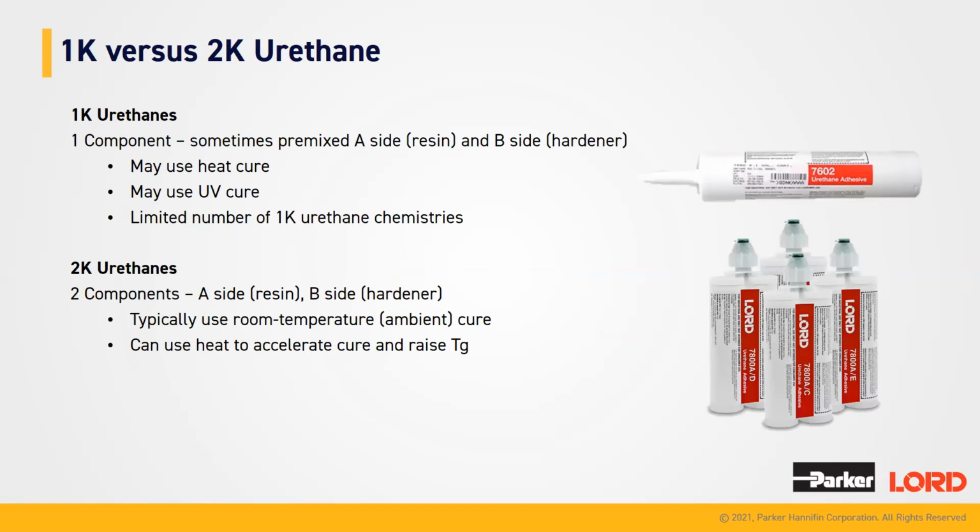However, our 1K urethane chemistries are limited. Our 1K adhesives can be cured with heat or UV lighting. Our two components include a resin on the A side and a hardener on the B side. They can be easily cured at room temperature or by using heat, such as a post bake, that will act as a way to raise the TG and accelerate the cure time if desired by the customer.